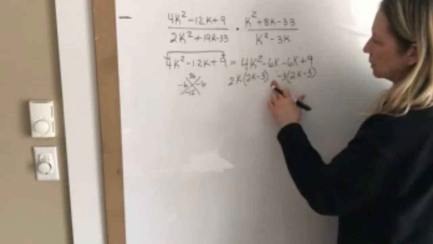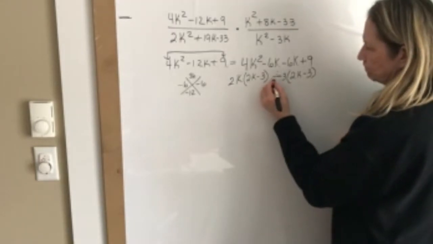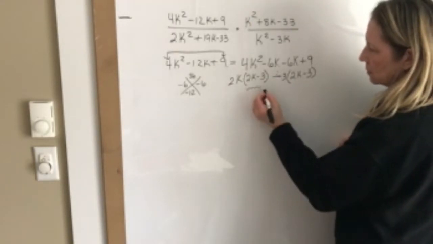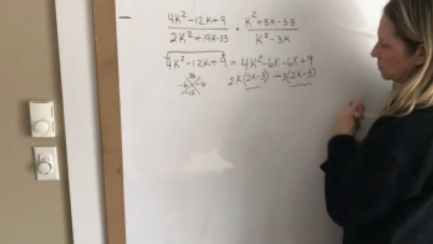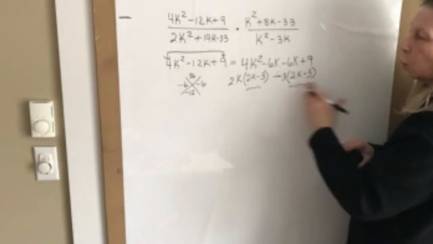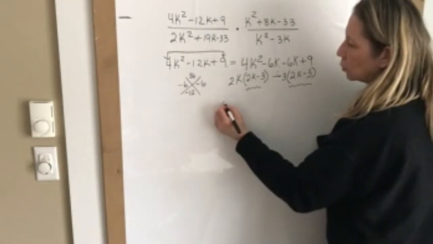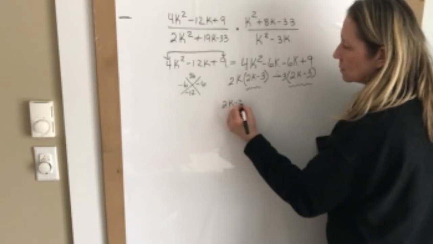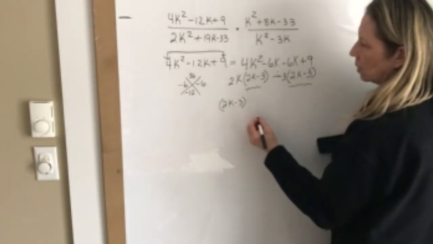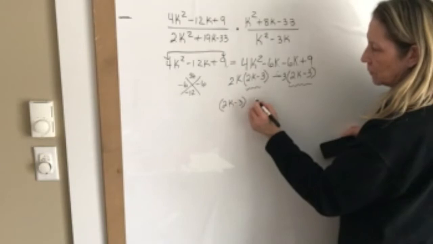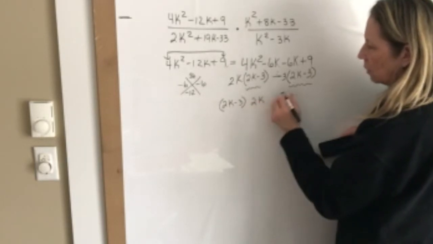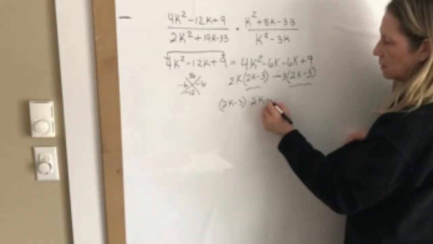Now we can look at this and say, this is common with this. So now we're going to take the whole thing together and we're going to pull 2k minus 3 out. What are we left with on this side? Simply 2k. And what are we left with on this side? Negative 3.